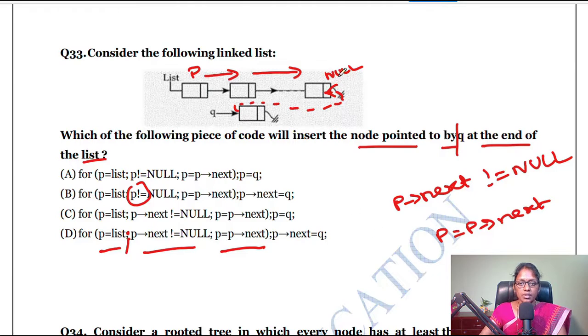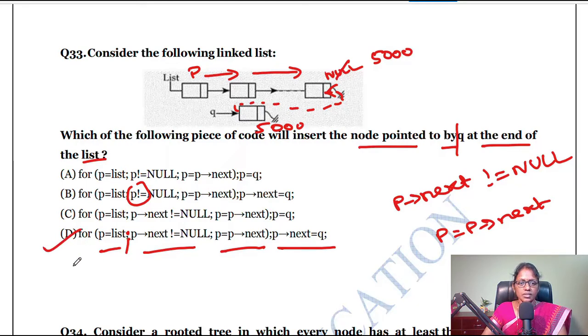And after that, p of next equal to the q address. Say this is 5000, this 5000 address will be present here. This p of next equal to q indicates that I am assigning the q address to this p of next, so that the connection will come to the q.